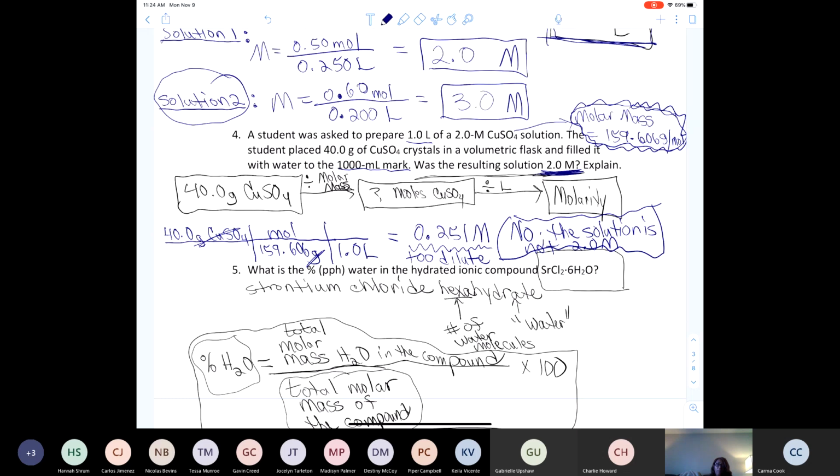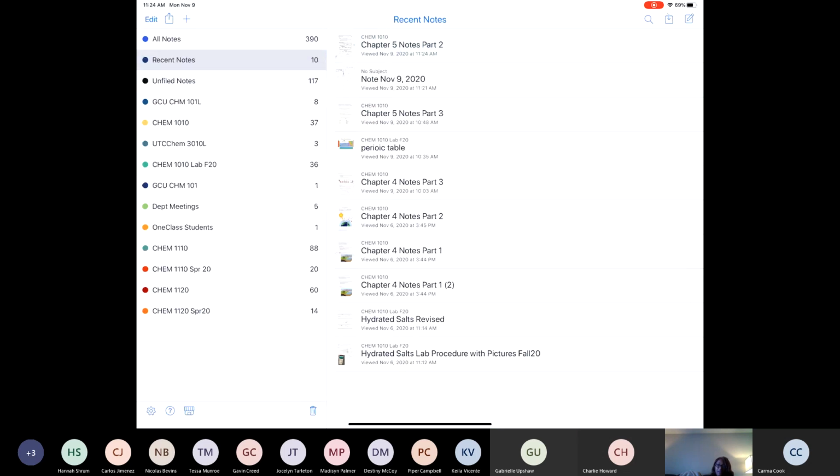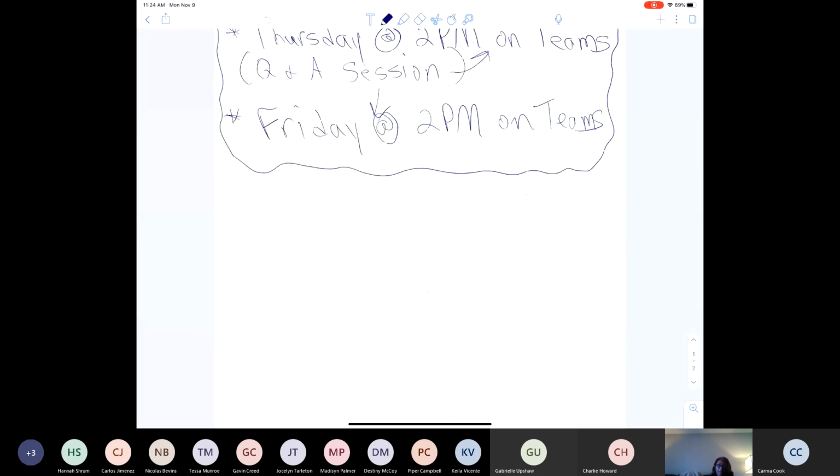Now, if we want to know how much copper sulfate, that's another question that could have been asked. How much copper sulfate should that student have weighed out if 40 grams wasn't enough?